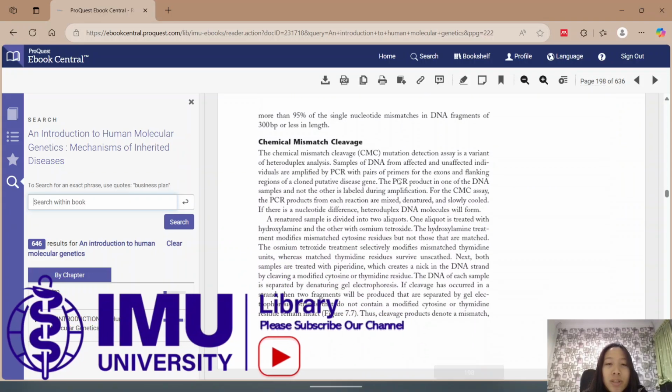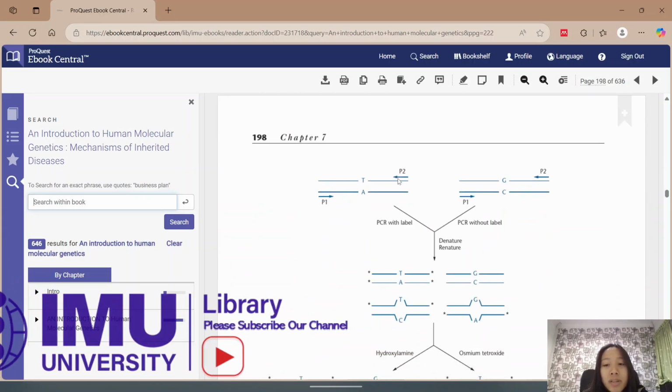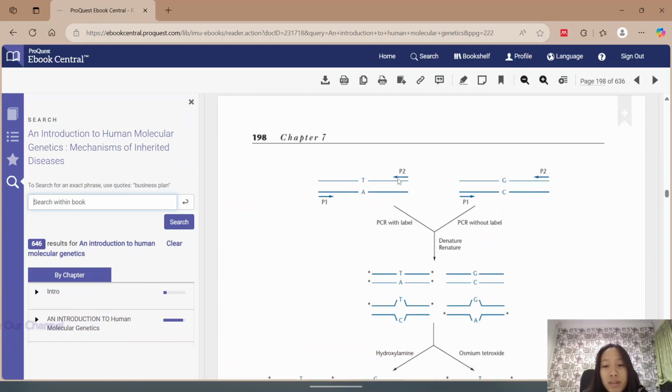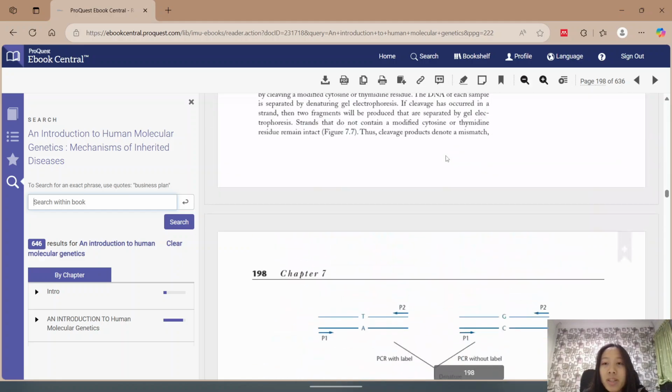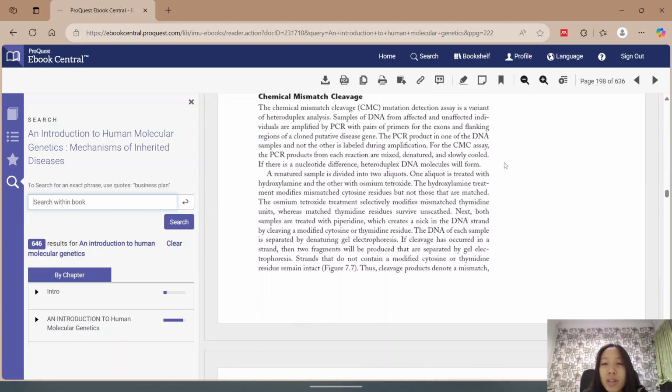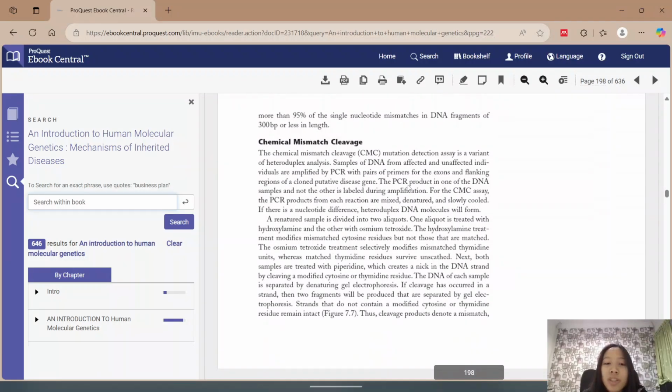It goes through the detection, how it separates by gel electrophoresis, and some examples. It will include everything if you want to understand human molecular genetics for mechanisms of inherited diseases in just one book.